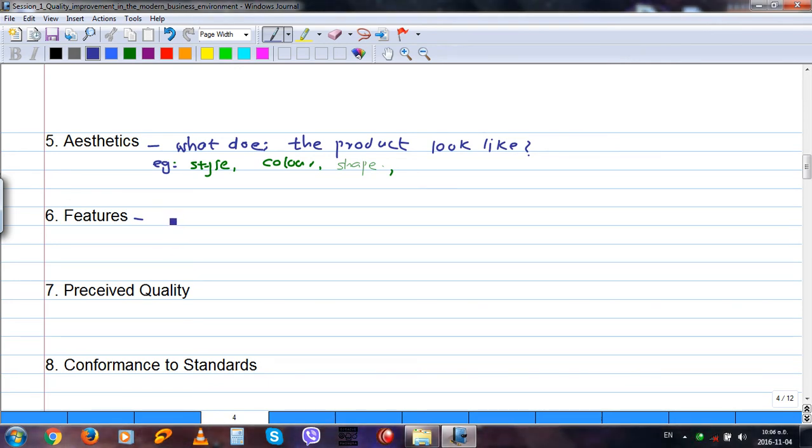If a customer is taking a high quality product, they need added features rather than taking a good product with a limited number of features, right? So features mean what the product does.